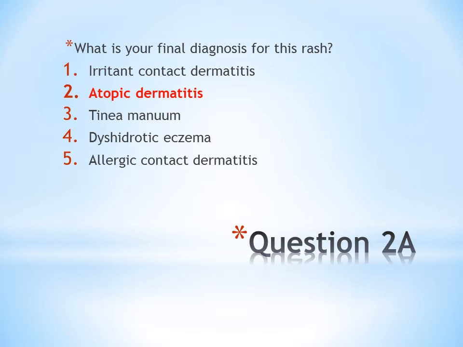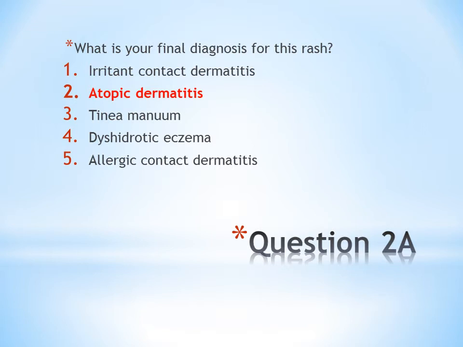Those are very good differential diagnoses, but the key factors in this case are that the rash was present when she was younger, and that her brother had a similar rash.